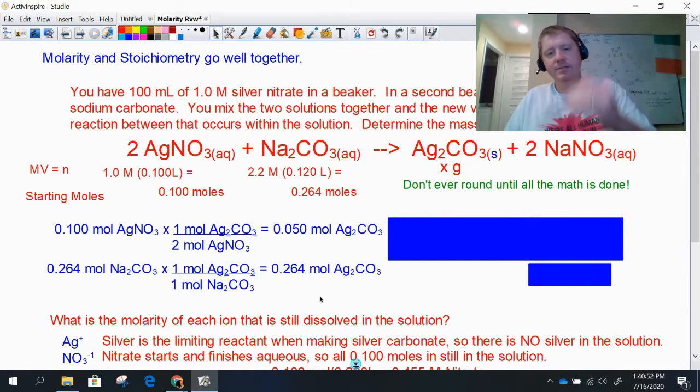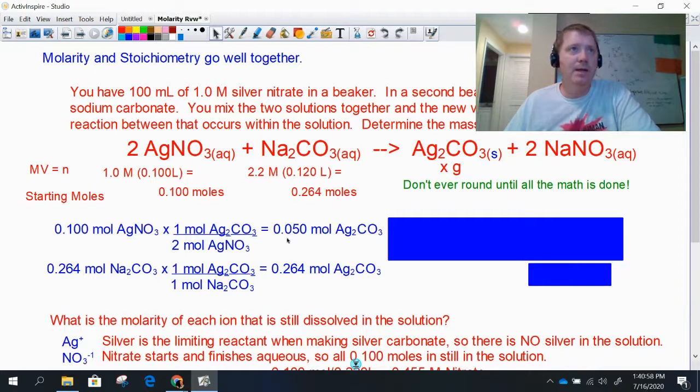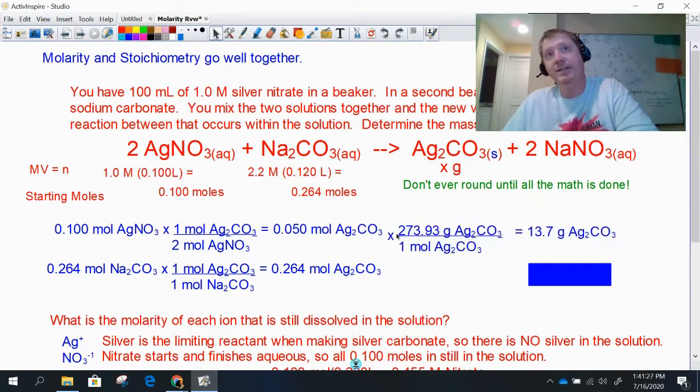So based off of these two answers, 0.264 and 0.050, it looks like the silver nitrate is limiting how much silver carbonate could be produced, whereas the sodium carbonate could make more silver carbonate. If it runs out of silver, it can't make any more. Once it's out of silver, the reaction is going to stop. And so I'm going to use this 0.050 moles of silver carbonate to finish the calculation, and that's what I'm going to base my mass on.